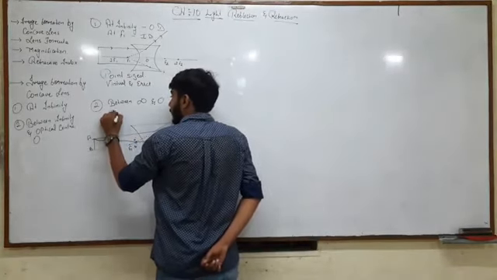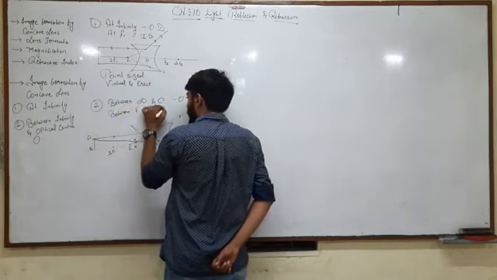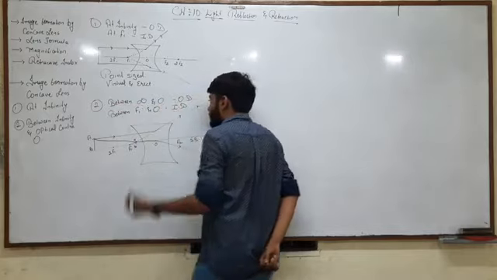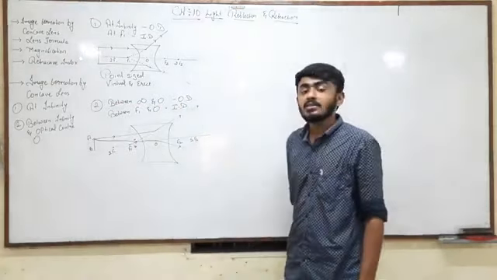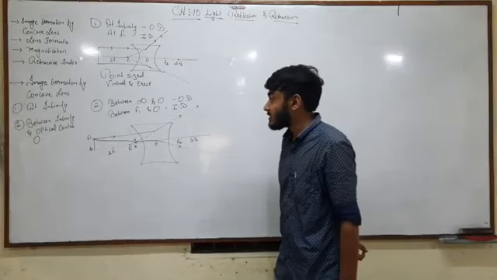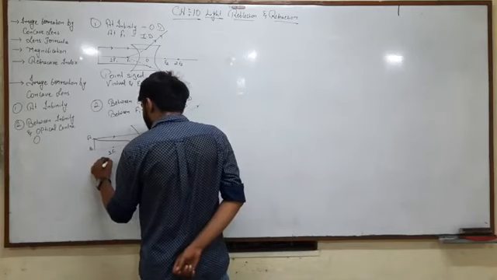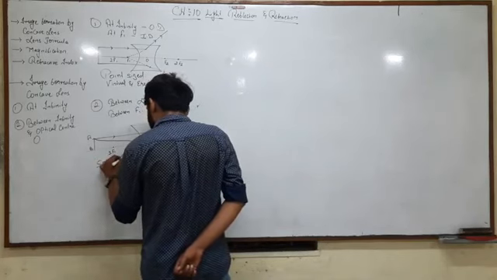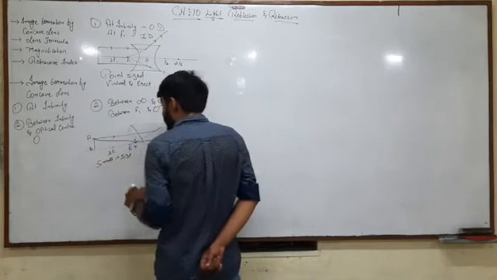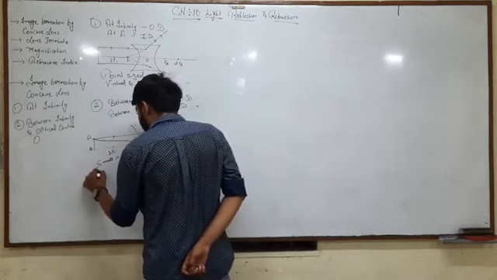So we can write between F1 and optical center O, that is your image distance. As it is very small, we can write small in size, and another thing will be virtual and erect.